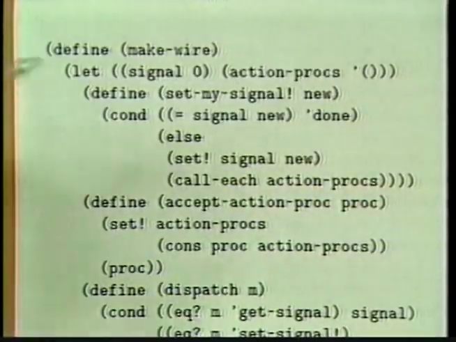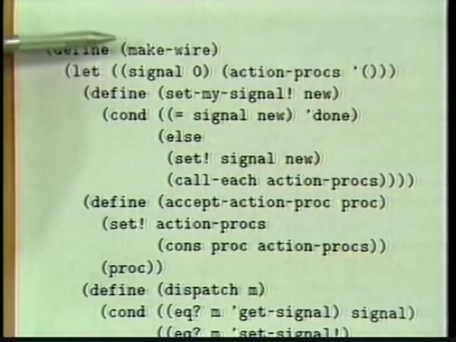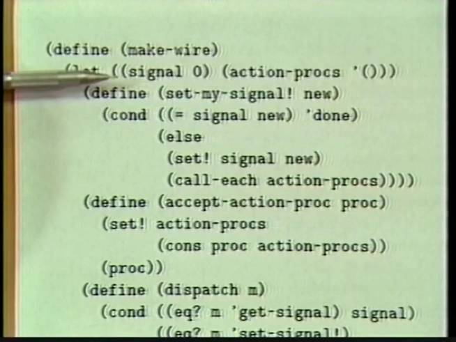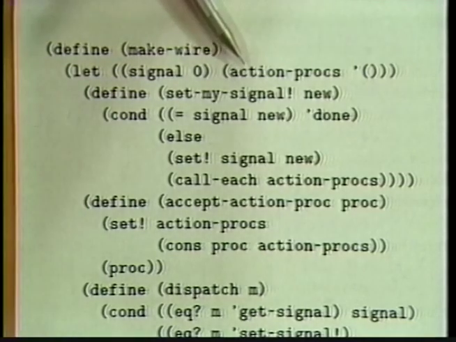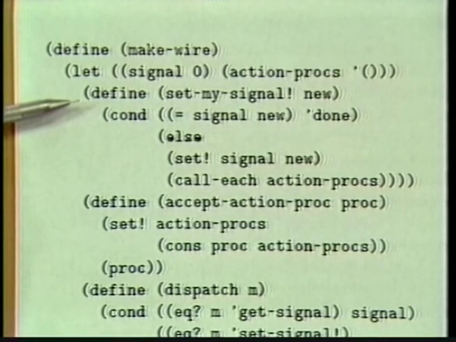One of them is the signal we see here. In other words, when we call makeWire to make a wire, then the first thing we do is we create some variables which are the signal and the action procedures for this wire. And in that context, we define various procedures.